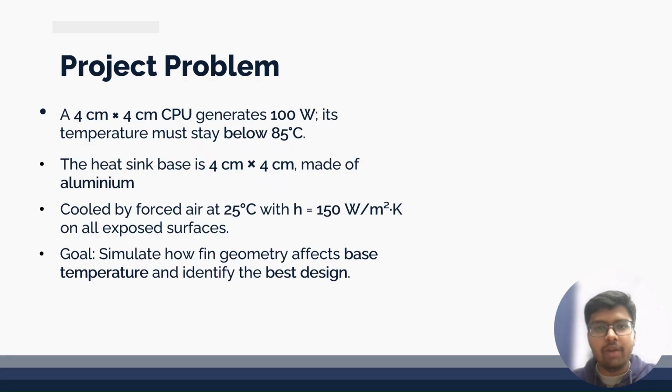It is cooled by forced air at a temperature of 25 degrees Celsius, with h equal to 150 watt per meter square Kelvin on all exposed surfaces. The goal is to simulate how fin geometry affects the base temperature and identify the best design, like how many fins and what parameters we should use.